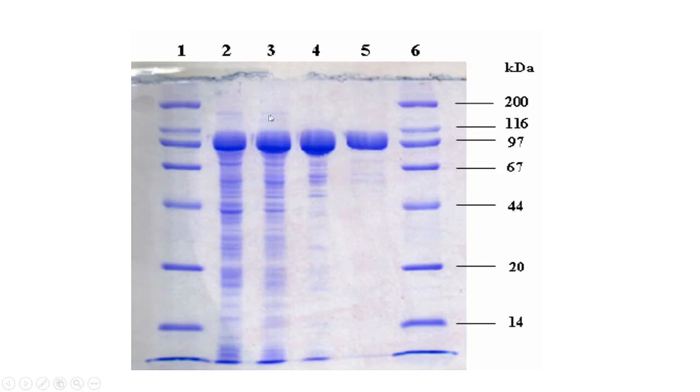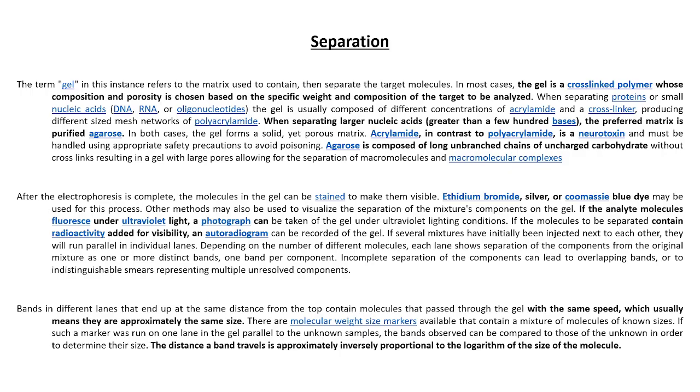If your protein is overexpressed around here, you can tell the protein size is around 97, maybe less than 97, 95 or something like that. You can also calculate it using log MW versus the migration rate, from which you can tell the exact molecular weight of that protein.